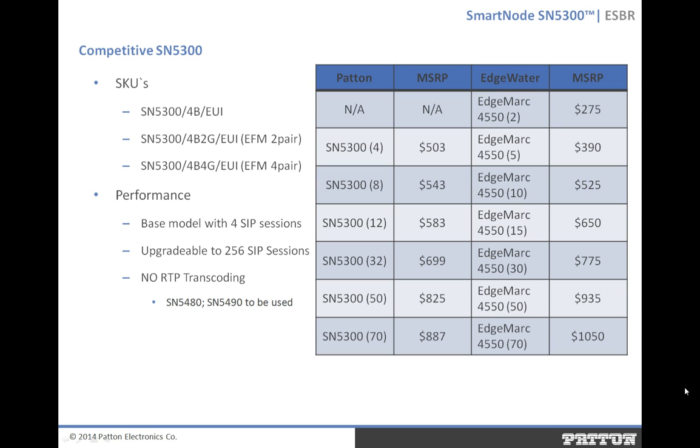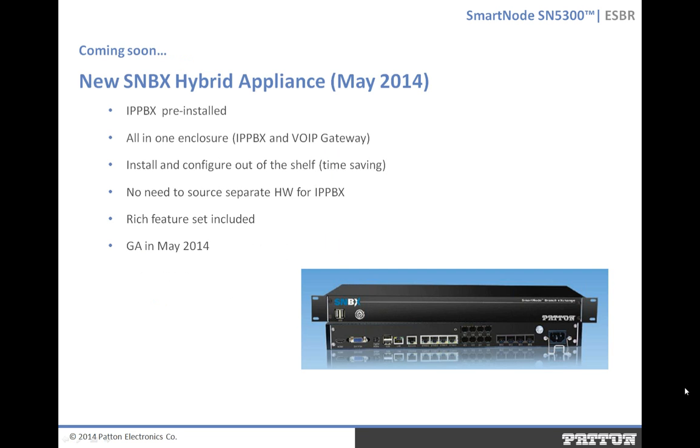Good. So much about the 5300. At that stage, I would like to take the opportunity to give you a quick outlook on what's coming next in terms of new products. So we're working on a new SNBX appliance, we call it the hybrid appliance.